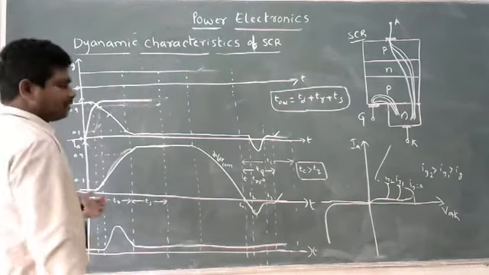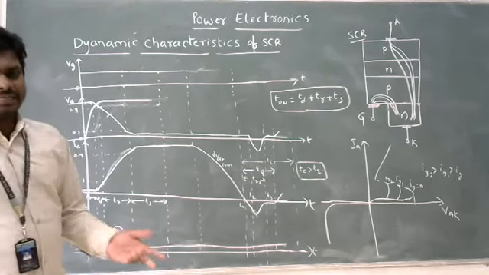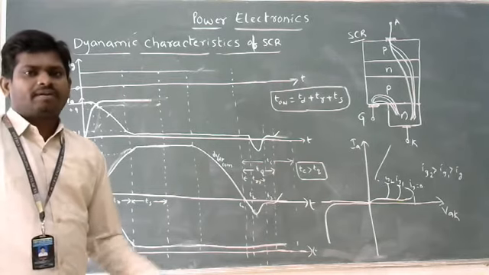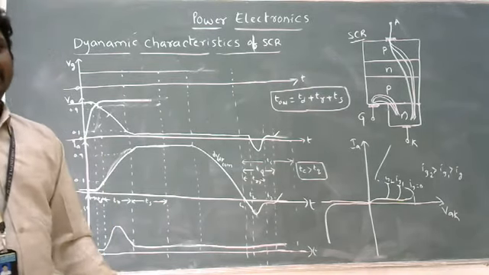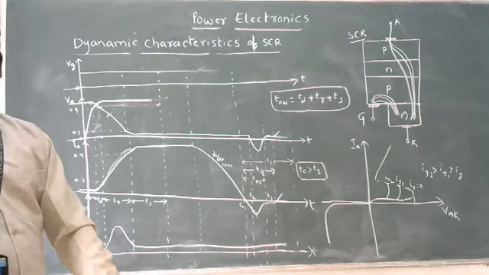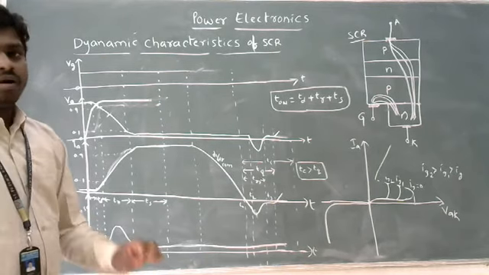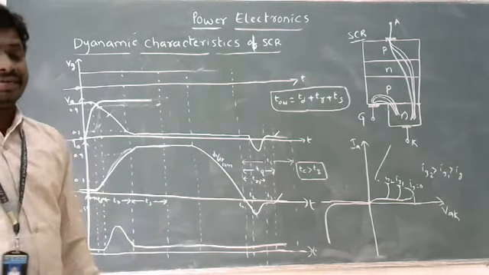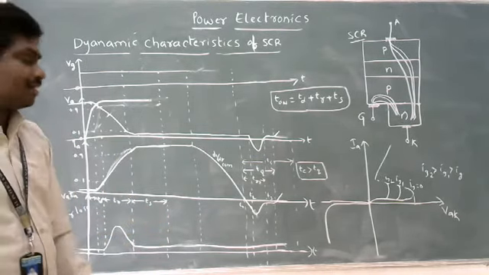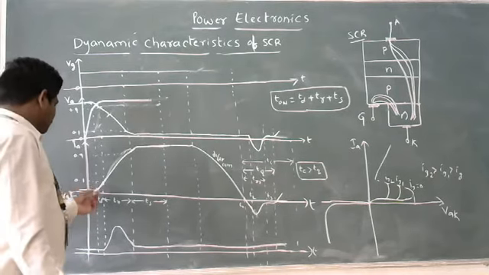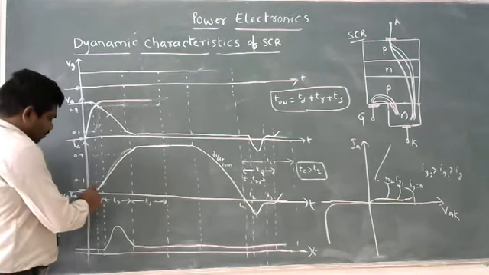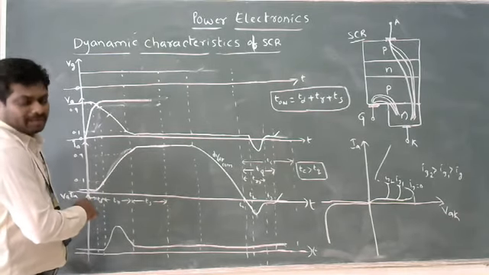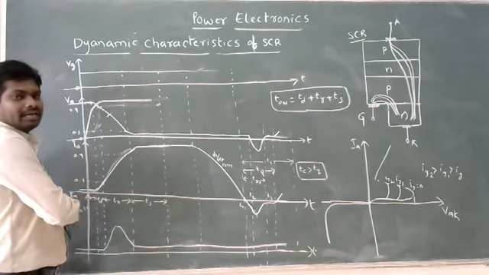If a p-type material is there, minority carriers are electrons and majority carriers are holes. If an n-type material is there, majority carriers are electrons and minority carriers are holes. Due to minority carriers in both the p-type and n-type layers, some current flows in the device. It is a negligible leakage current, but we have to mention it in the graph.